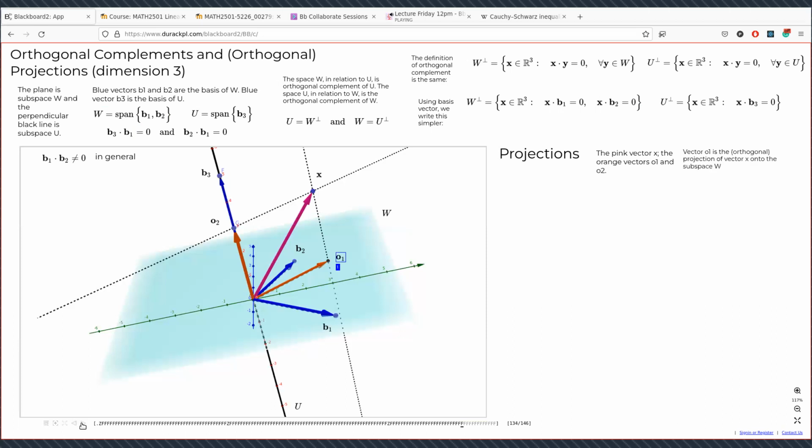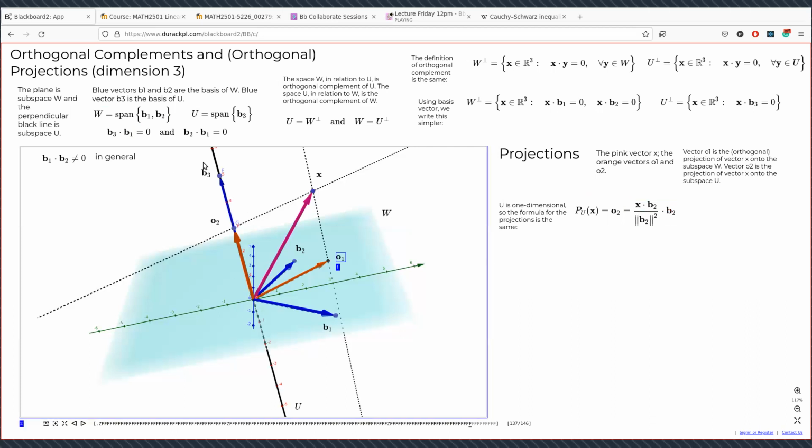Okay. Vector O1 is the orthogonal projection of vector X onto the subspace W. Vector O2 is the projection onto the subspace U. U is one-dimensional, so here again, we can benefit from that great formula. Projection onto a one-dimensional subspace is given by the formula through the basis of U, which is actually B3, not B2, it's a typo.